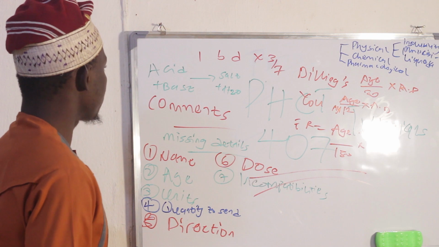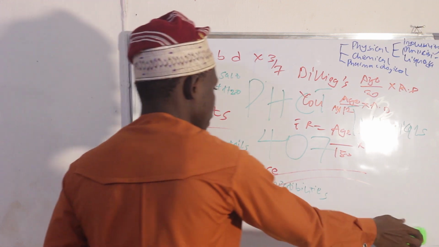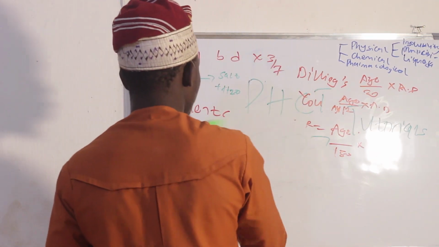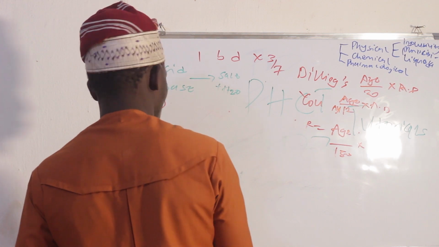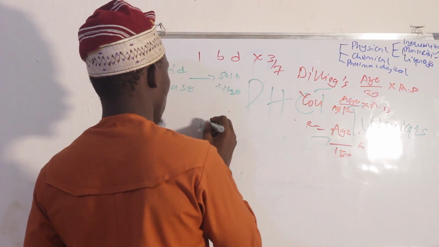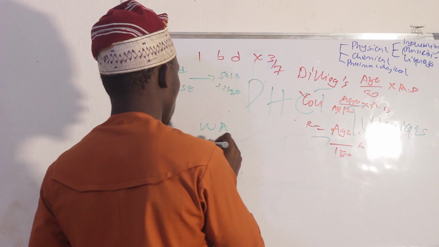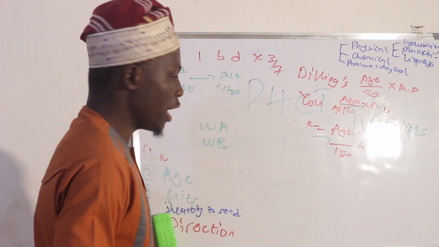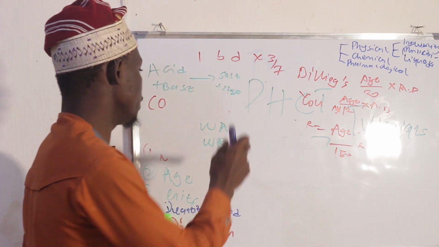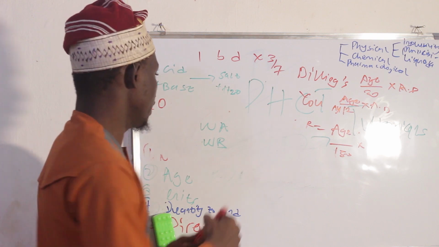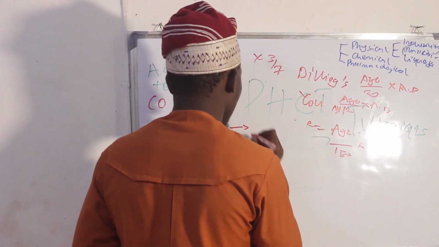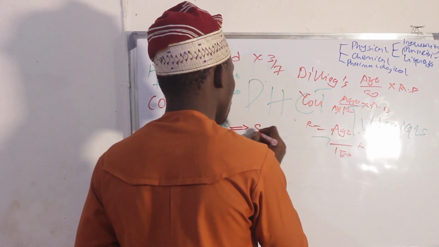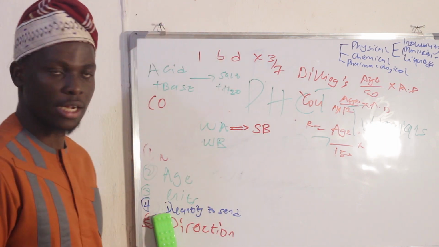Now let me break it down for you. If you remember this statement in chemistry very well, we have salt of weak acid and salt of weak base. If a salt is a salt of weak acid, what does that mean? It means it has a corresponding strong base attached to it.